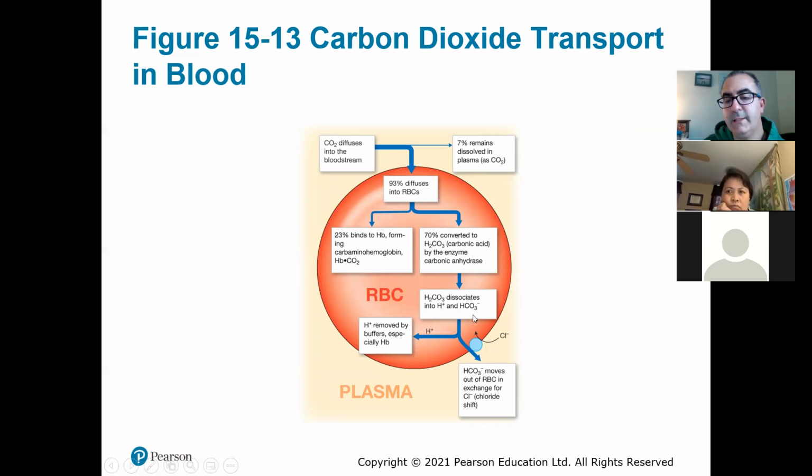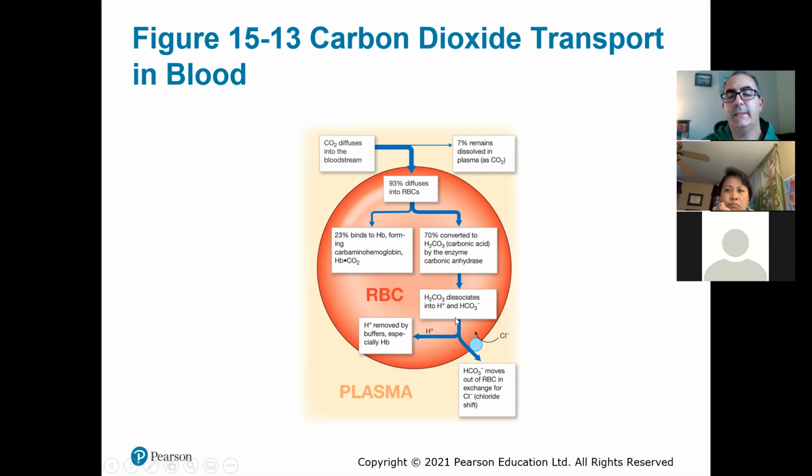And those H pluses and HCO3 minuses serve to either raise or lower your pH to try to keep the pH of your blood around 7.35 to 7.45, right? So if the pH of your blood starts getting above 7.45, you will start to release more of these hydrogens into your blood, which will lower your pH.